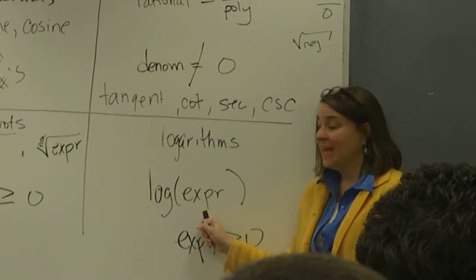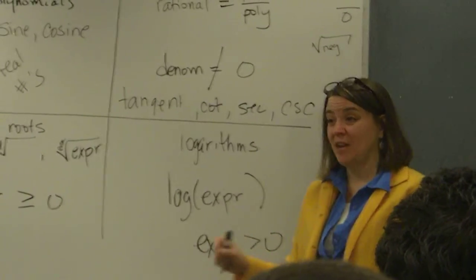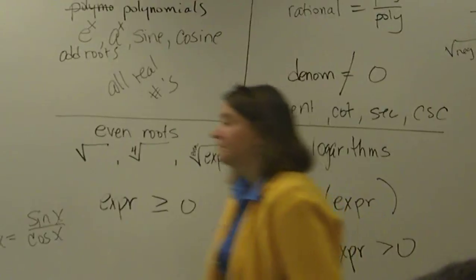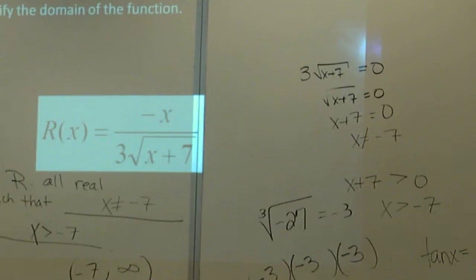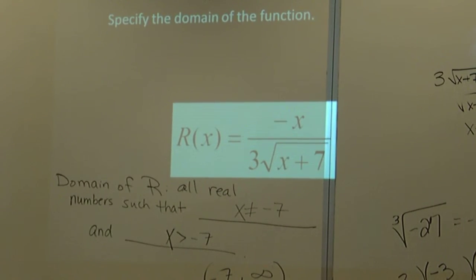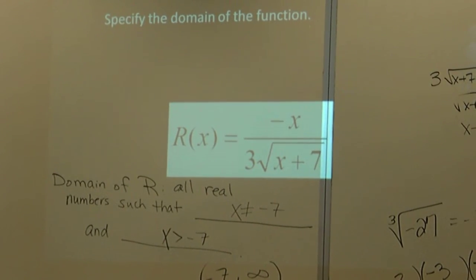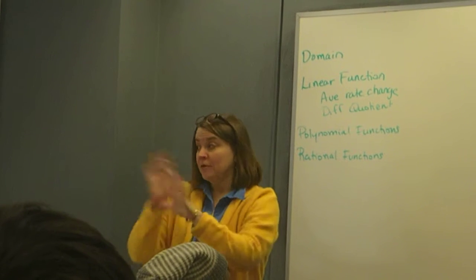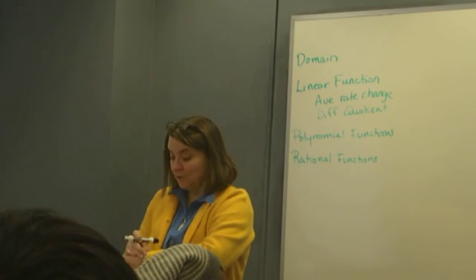Log is not defined for 0, and logarithms are not defined for negatives. So I'm going to put that in a separate category. Well, I'll save that discussion for logarithms the next hour, because I promised at the 9 o'clock class we would do logarithms.